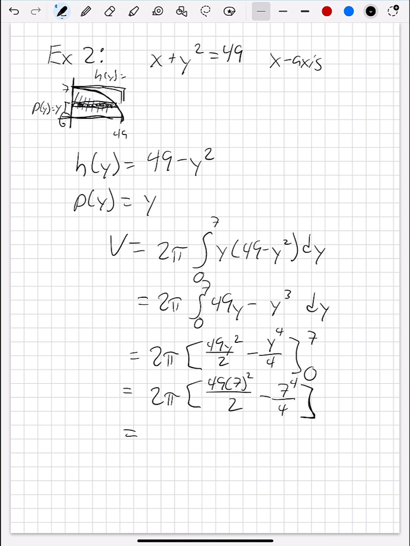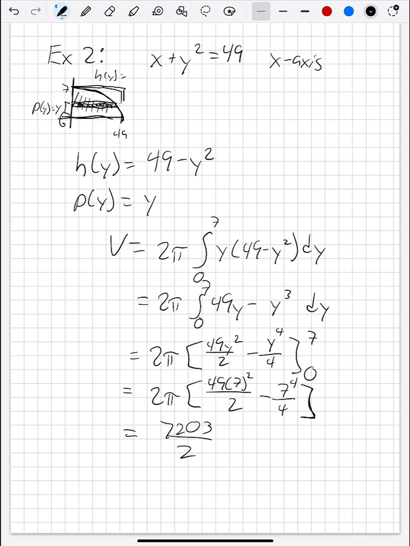I've got 49 times 7 squared divided by 2, minus 7 to the 4th divided by 4, and then that whole quantity times 2 pi comes out to 7,203 pi over 2.